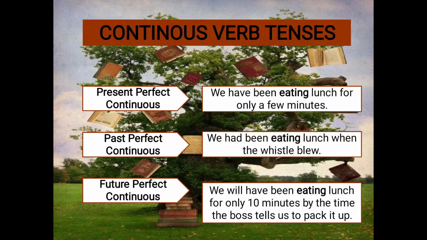Past perfect continuous. We had been eating lunch when the whistle blew. Future perfect continuous. We will have been eating lunch for only 10 minutes by the time the boss tells us to pack it up.